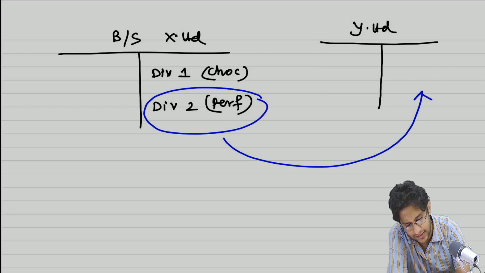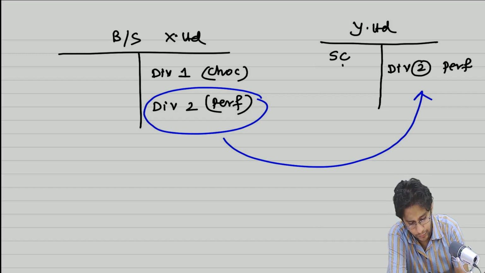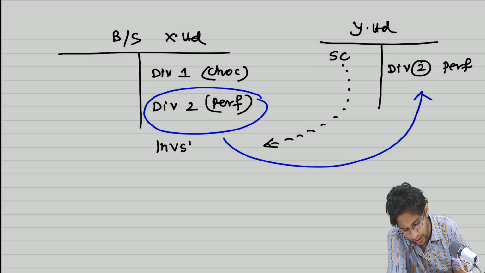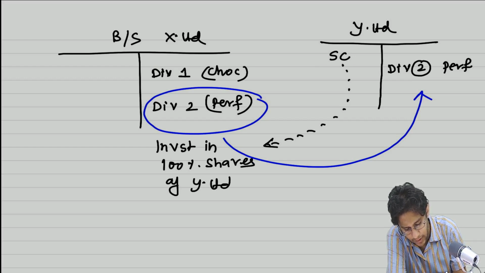So all the net assets disappeared from here and they are coming here. Y Limited is a newly formed company. Y Limited issued shares to X Limited. So X Limited is now having investment in 100% shares of Y Limited.